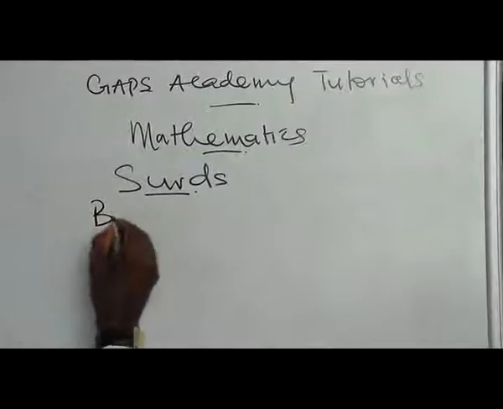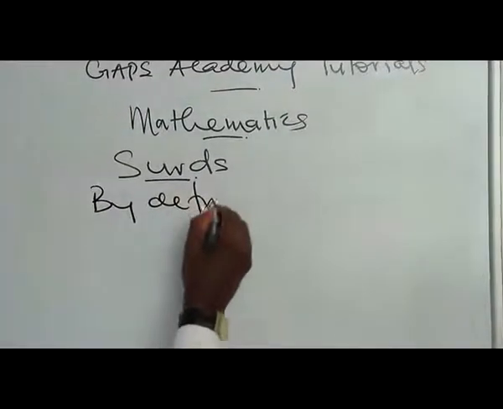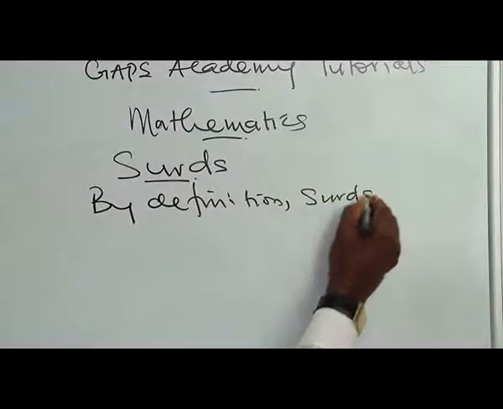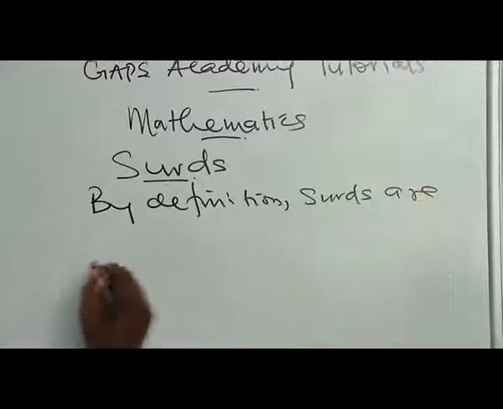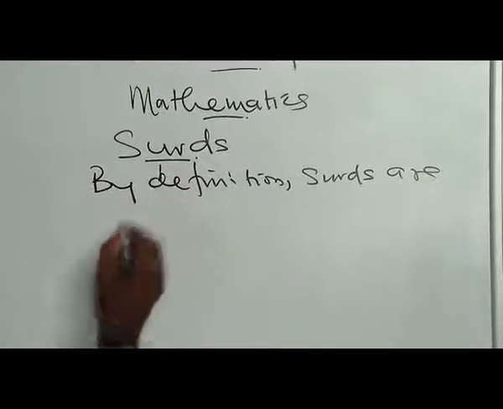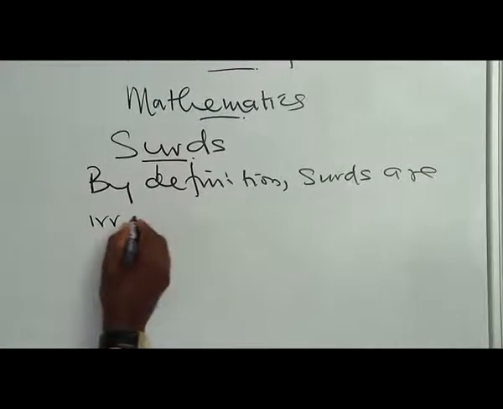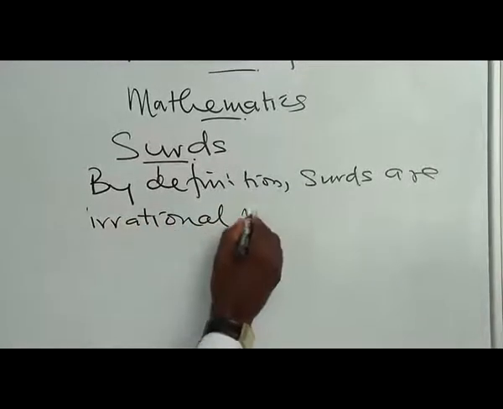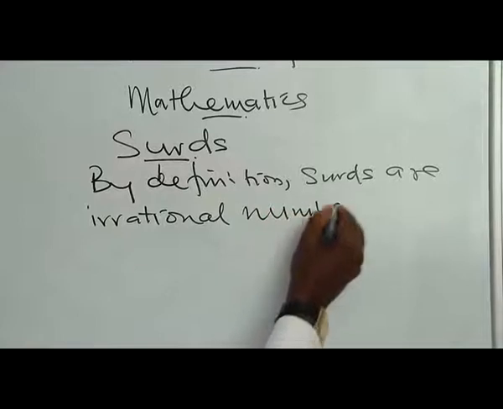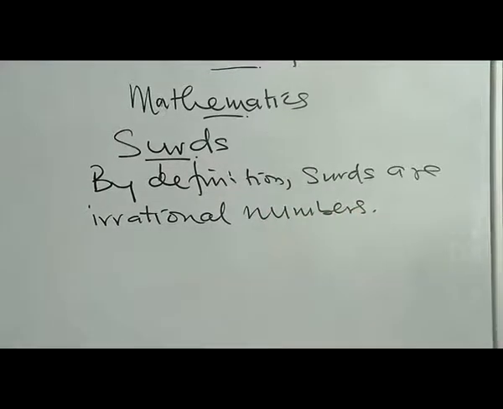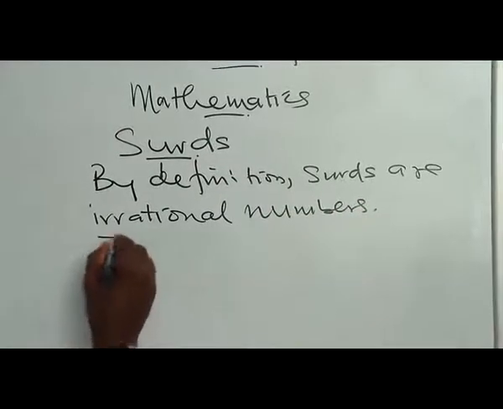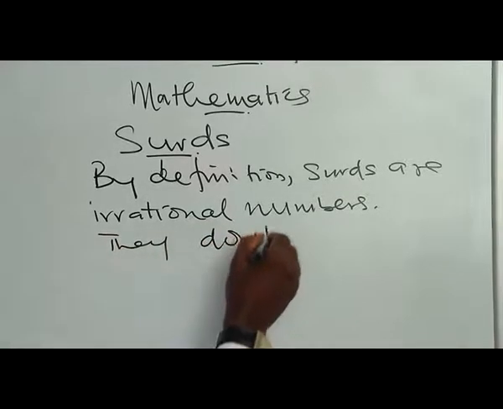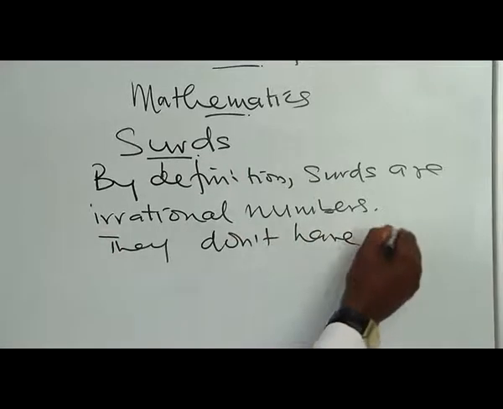By definition, surds are irrational numbers. In other words, they don't have exact square root.